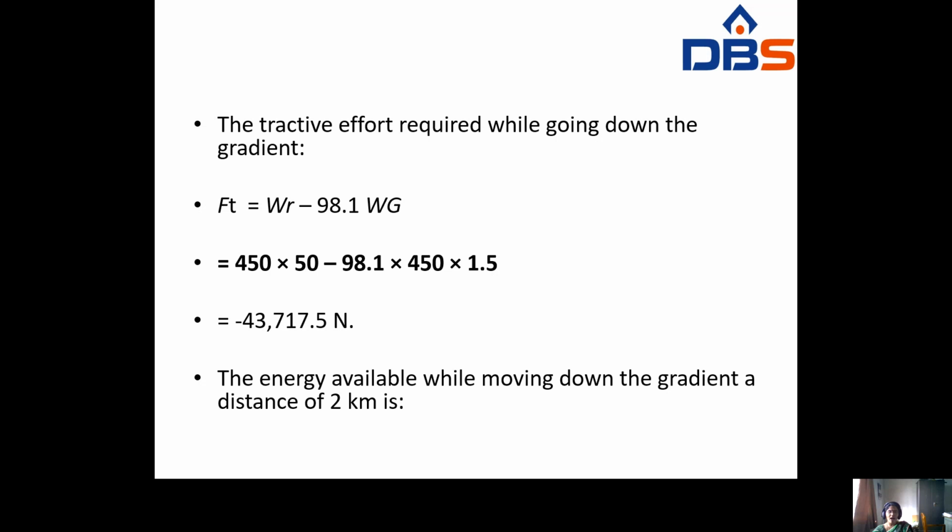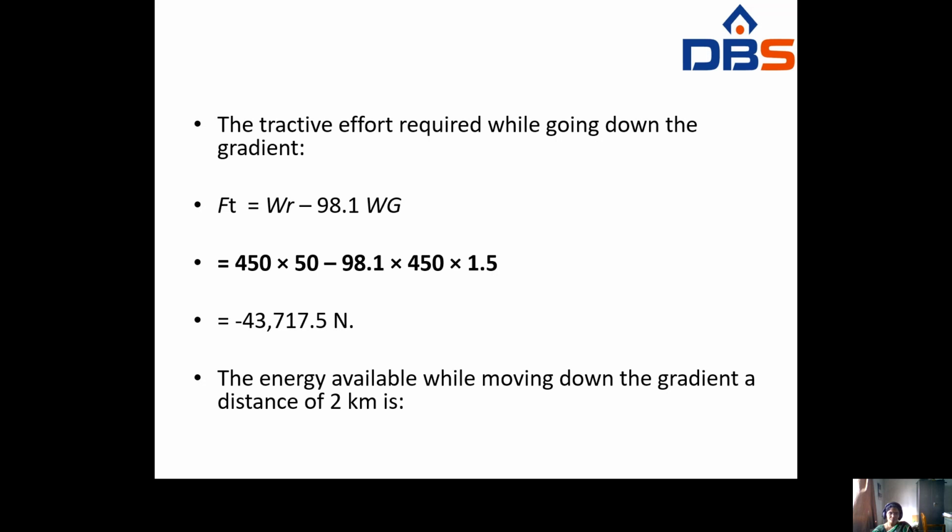W value will be 450, R value will be 50, minus 98.1 into W, the weight of the train, 450, and the gradient G value will be 1.5. Solving this equation, you get minus 43,717.5 newtons.